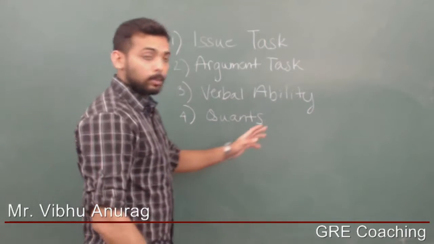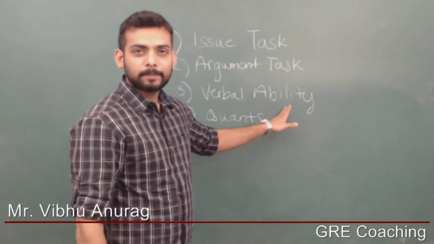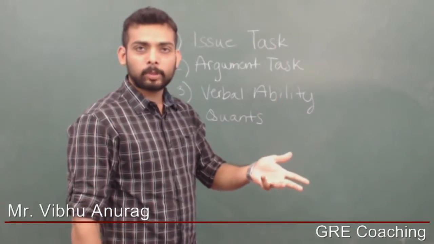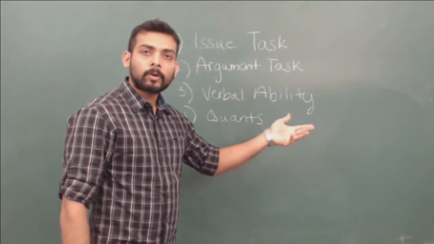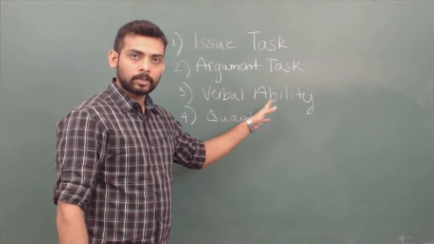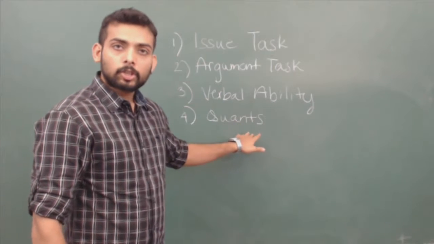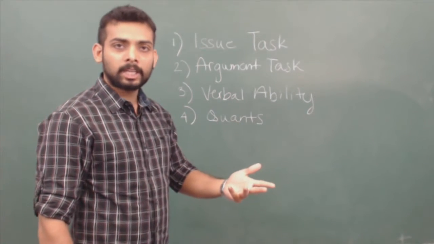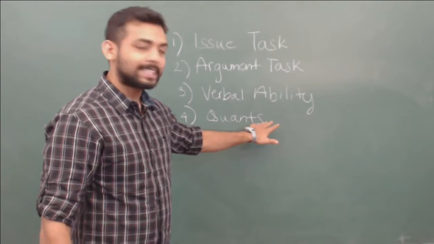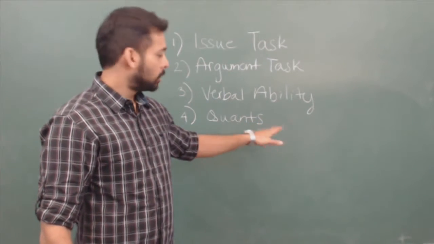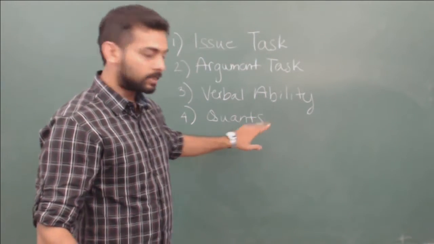There will be 2 sections on verbal ability. Each section will have roughly 20 questions and it will go on for half an hour. So 1 hour for verbal. Similarly, each quant section will have roughly 20 questions and the section will go on for 35 minutes each. So 70 minutes for the quant section.